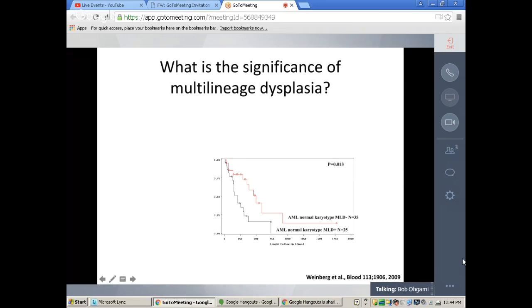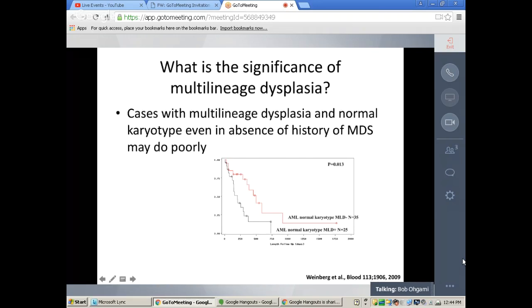So I'm going to ask a question here and cover this, so to speak: what's the significance of multilineage dysplasia? So that morphologic multilineage dysplasia that we see in acute myeloid leukemia, so dysplasia in 2 lineages, each lineage with 50% or more dysplasia. Well, there are some papers in the past by Weinberg and colleagues that identified that multilineage dysplasia may portend worse prognosis, even with normal karyotypes.